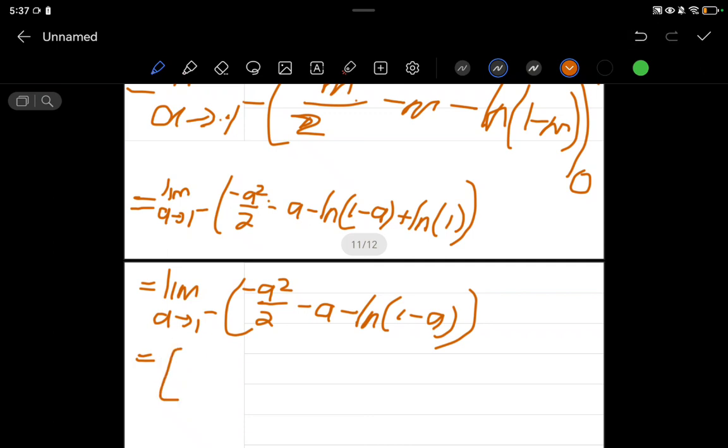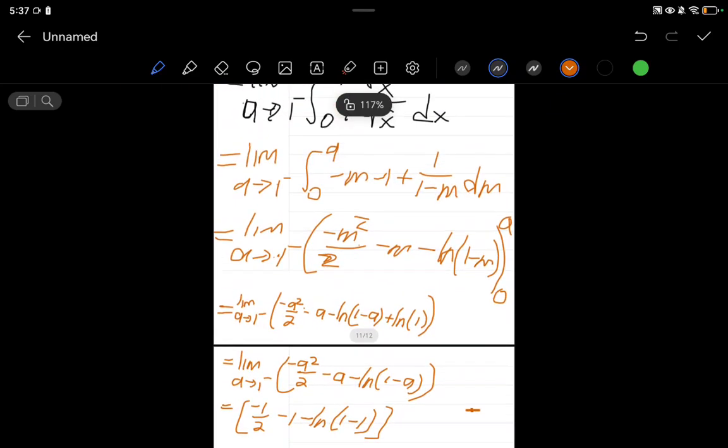So this will be minus 1 over 2, then ln of 1 minus 1. Do you agree with 1 minus 1? Oh, yes. I forgot this.